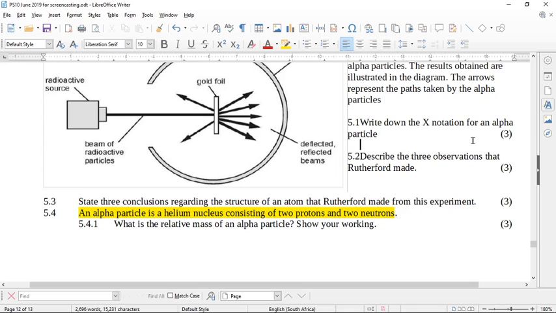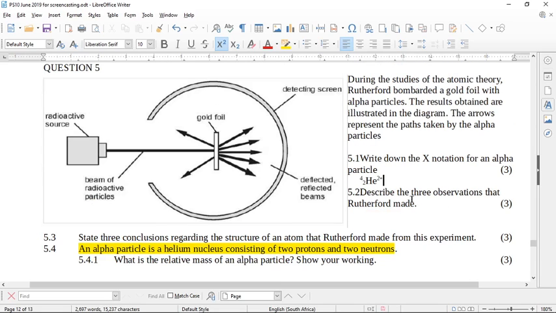We write He as the symbol, and we give it a 2 positive charge, because if we've got 2 protons, we have 2 electrons. So if it is the nucleus, we have lost the electrons and kept the protons. And because it says in the question there are 2 protons and 2 neutrons, the total mass is 4, as we've drawn here. So this is the Z notation for an alpha particle.